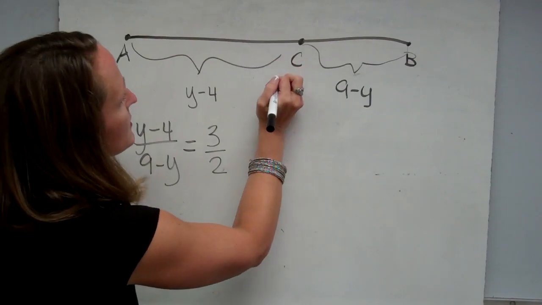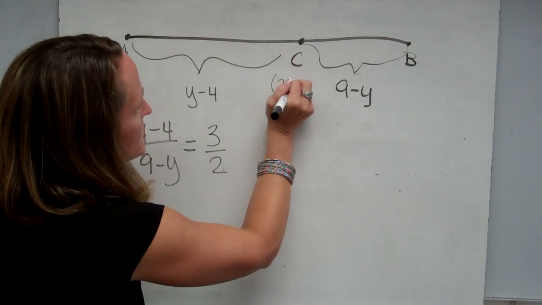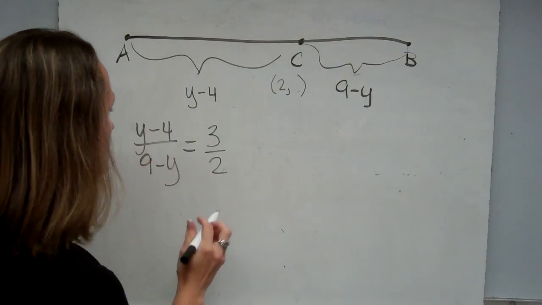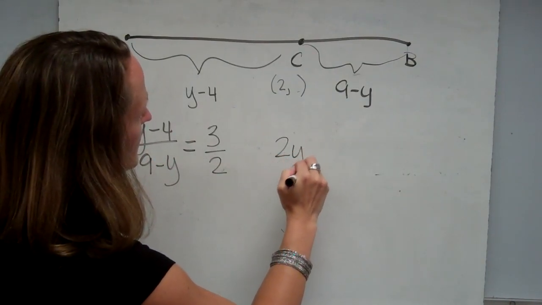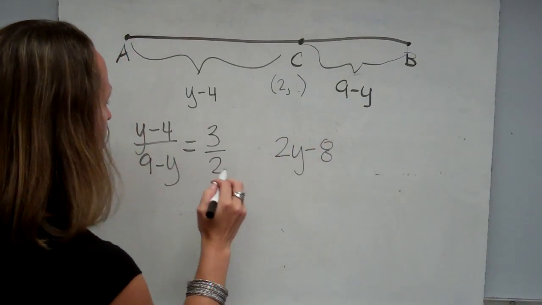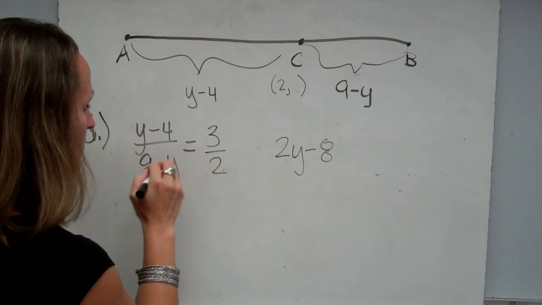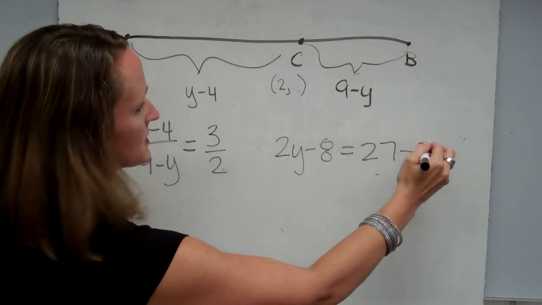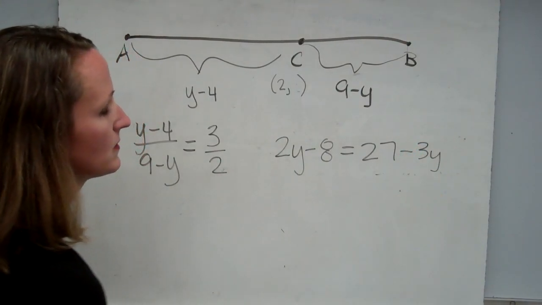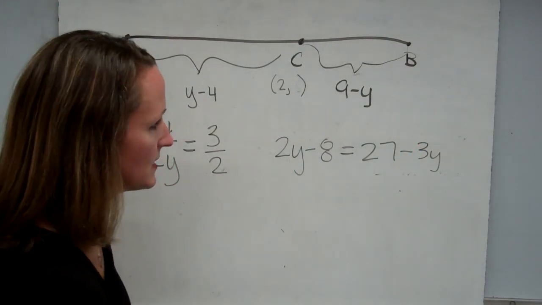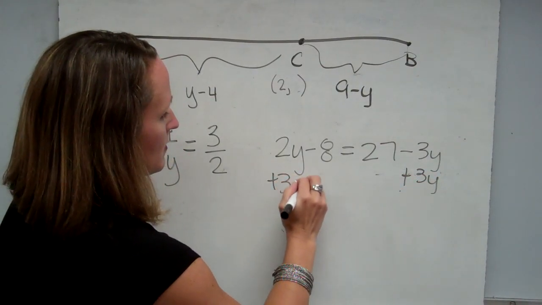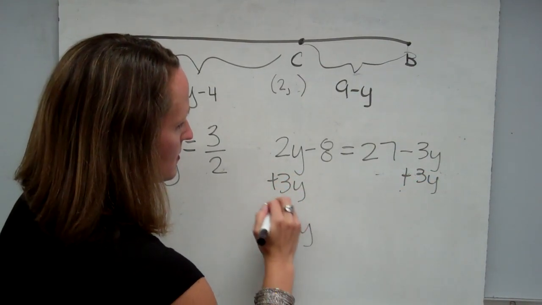Remember, we already learned here that our X value is 2. We're looking for this Y. So same thing as before. Solve your proportion. So we get 2Y minus 8 when we cross multiply here. When we do this one, we get 27 minus 3Y. Keep solving. I'm going to add to get 5Y.